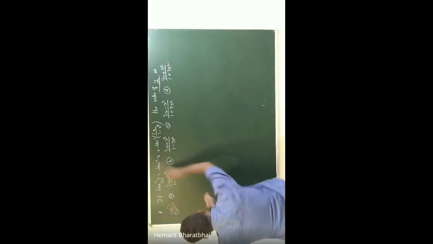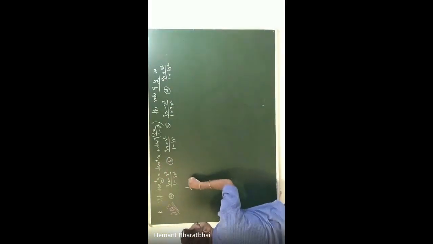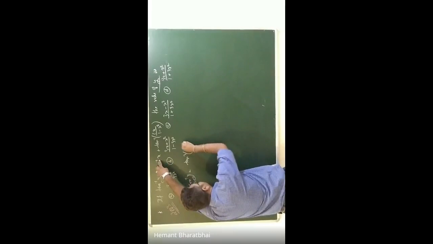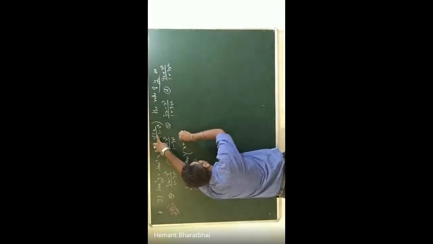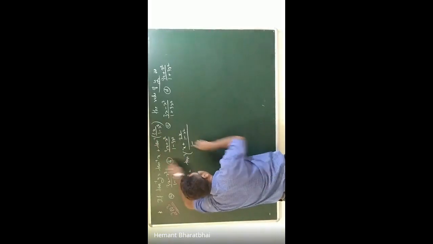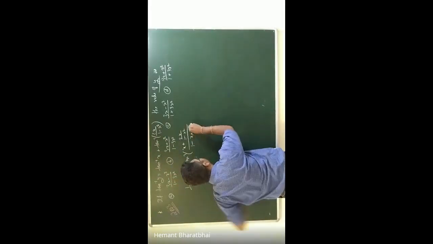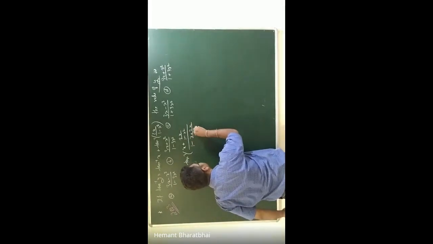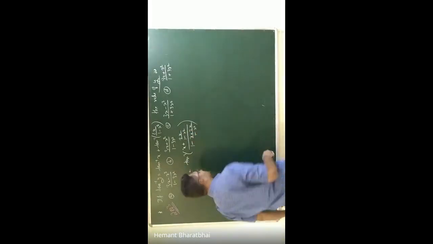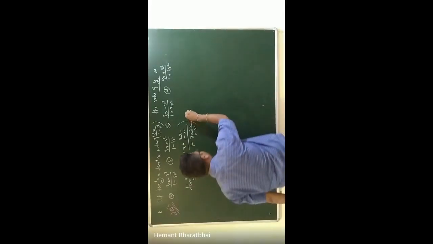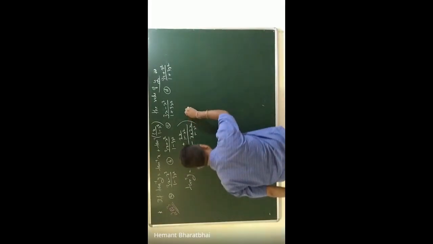So here I can write tan inverse of y is equal to tan inverse of x plus 2x upon 1 minus x square, upon 1 minus x into 2x upon 1 minus x square.